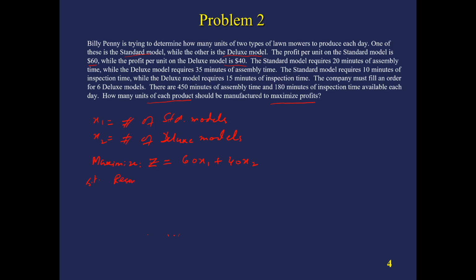We list resources, with x1 as the standard model and x2 as the deluxe model, and the resources are assembly and inspection. 20 minutes are used for assembly for the standard model, 35 minutes for the deluxe model, and the total available is 450 minutes.